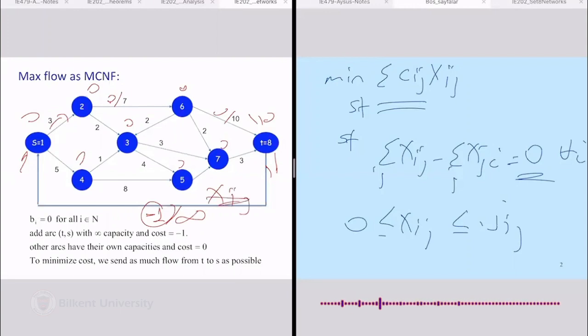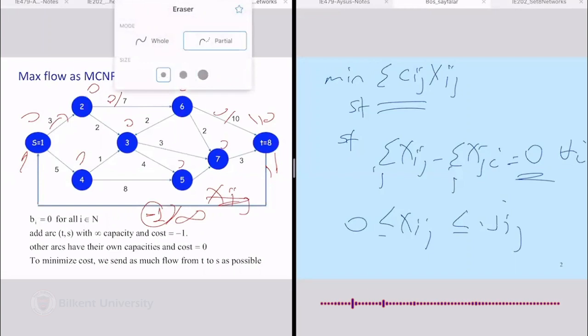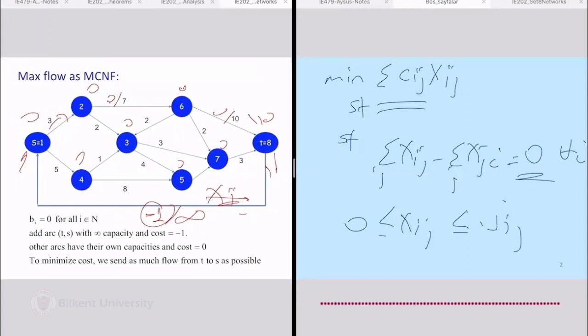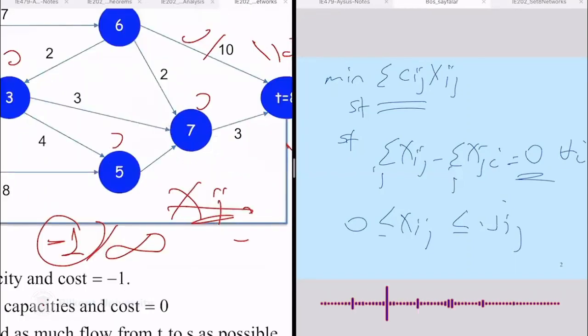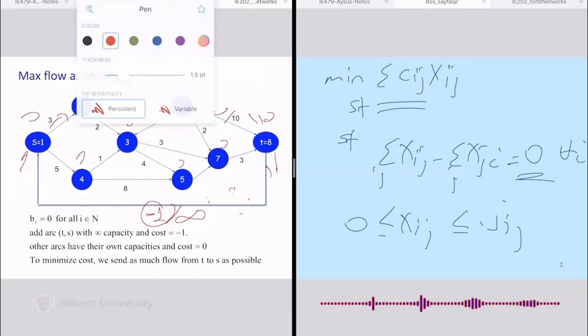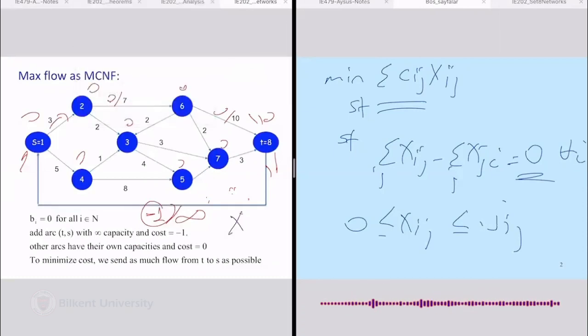This is a new one, so let me write it in open form. The optimization will try to maximize x61, because that's the only one with a -1 in the objective function.